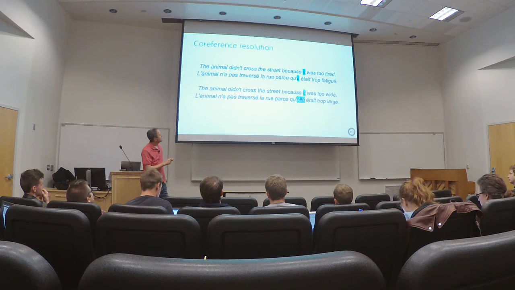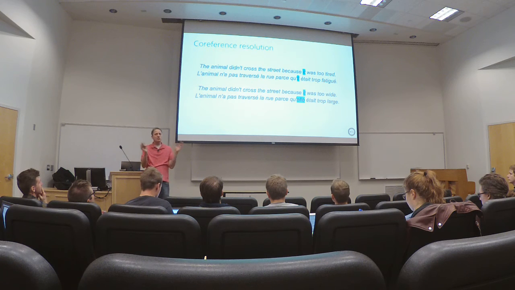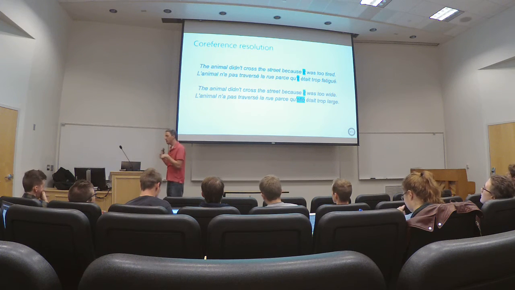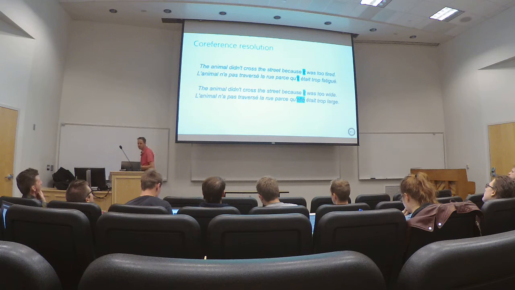But if it refers to street, that's a feminine noun, so you need to output the feminine version of it. You can't just spit out some generic translation of it. You have to actually know what it's referring to to get the gendered pronoun correct.